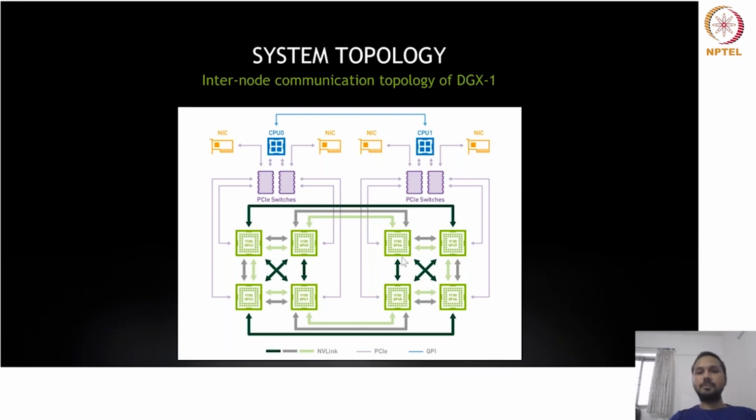These 8 GPUs are connected to each other via interconnects like NVLink. If you want to go across nodes, you get connected via NIC cards or InfiniBand, which will connect to the other machines as well. We are going to do hands-on in this particular session on a DGX machine itself.